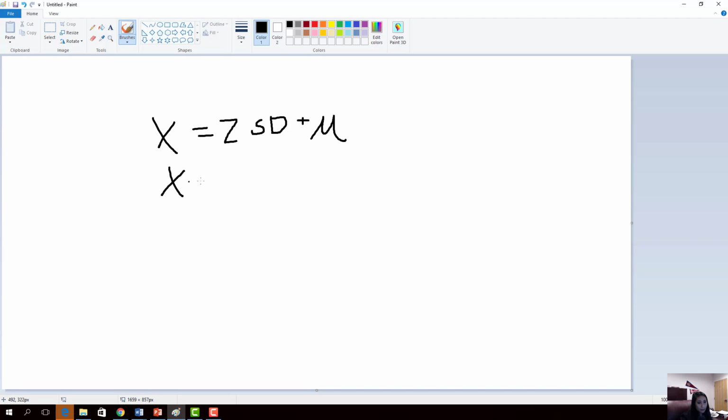So x is equal to his z-score, negative 0.5, times 0.32, which is the standard deviation, plus 2.89. So x is equal to 2.73 pounds.